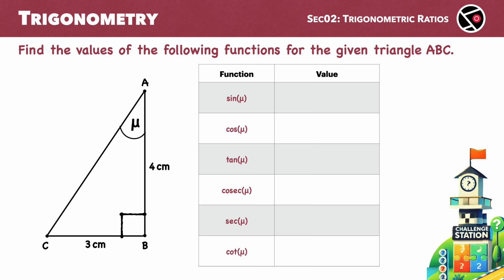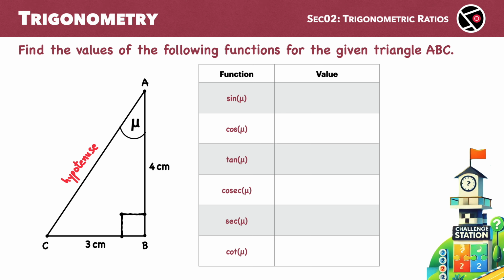Alright, let's analyze the problem. From the triangle, we know that AB equals 4 centimeters and CB equals 3 centimeters. To find the trigonometric functions, we will first need the hypotenuse, AC.